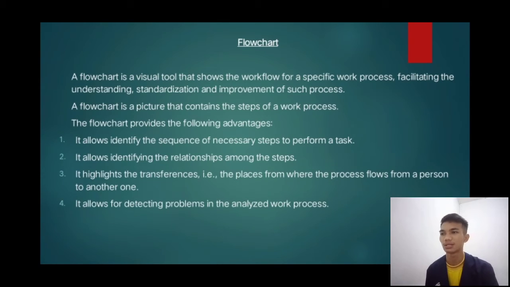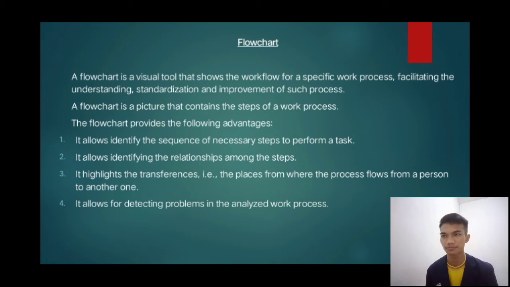The last literature is the flowchart. A flowchart is a visual tool that shows the workflow for a specific work process, facilitating the understanding, standardization, and improvement of such process. A flowchart is a picture that contains the steps of a work process. And there are advantages the flowchart provides.